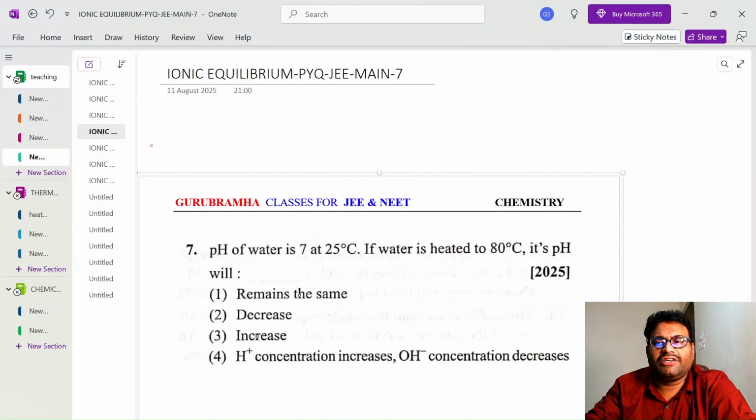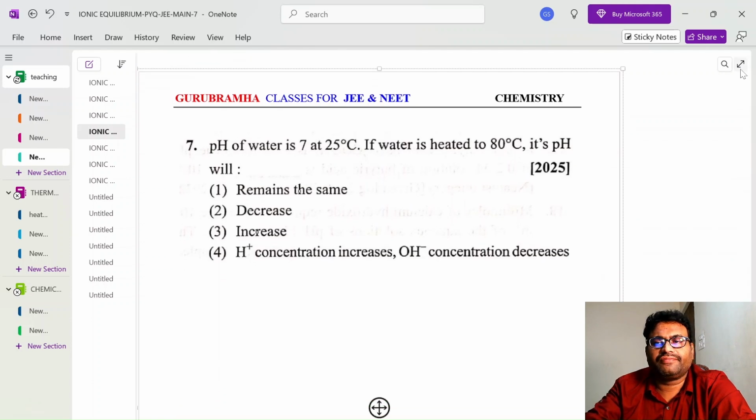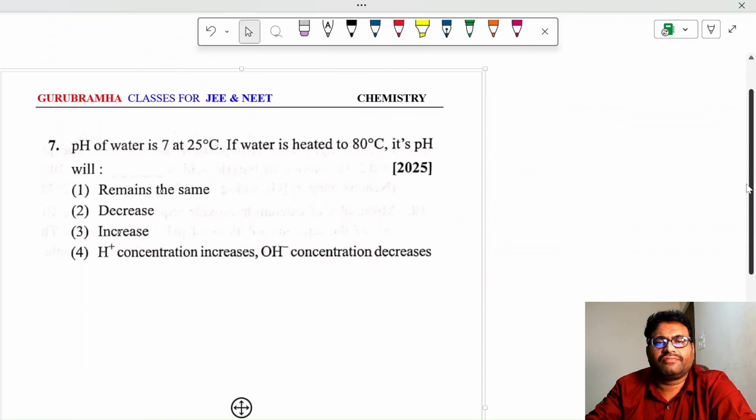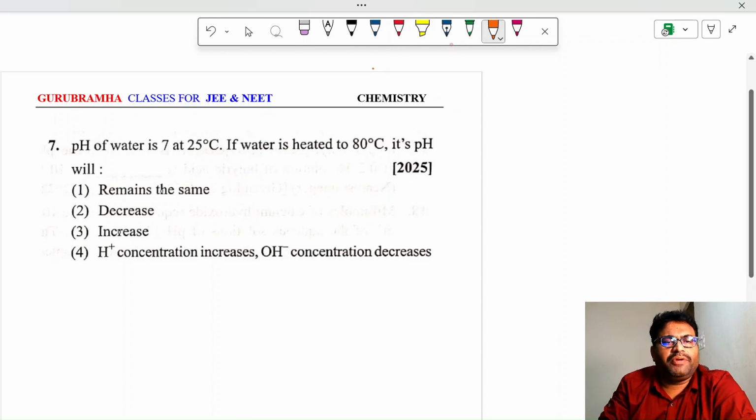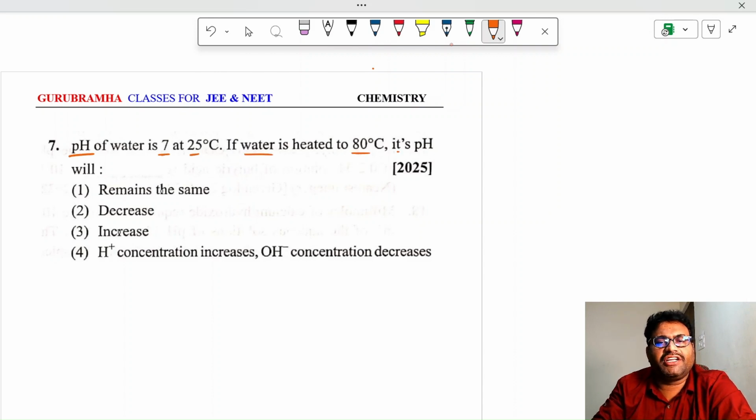Next, let us see the other question. See, pH of water is 7 at 25. If water is heated to 80 degrees centigrade, its pH will, asked in 2025, very recent examination.